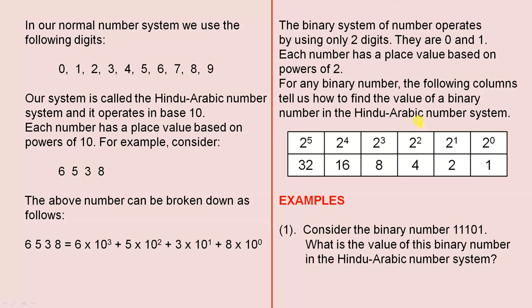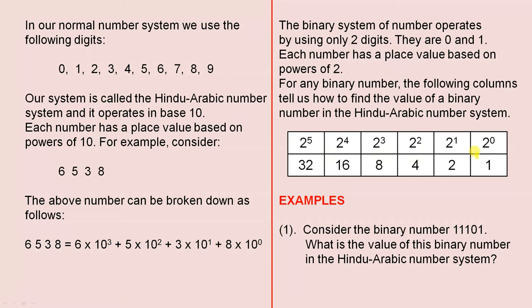The next column in the Hindu-Arabic number system, that's the hundreds column, or the 10 squared column. But because we're operating in the binary system, any number in this column has a value of 2 squared, which is 4, and so on. Any number in this column, whether it's a 1 or a 0, that's the value in that column. And all these numbers here are powers of 2.